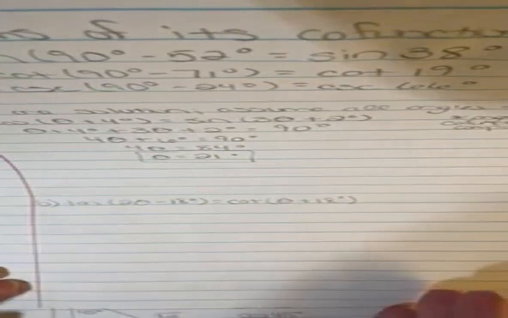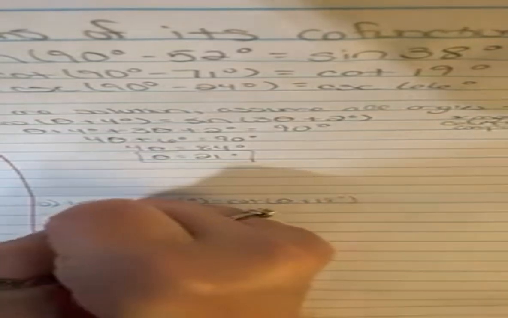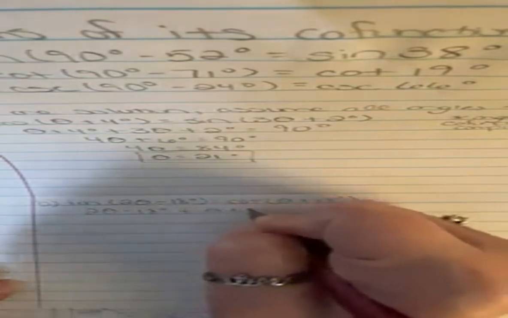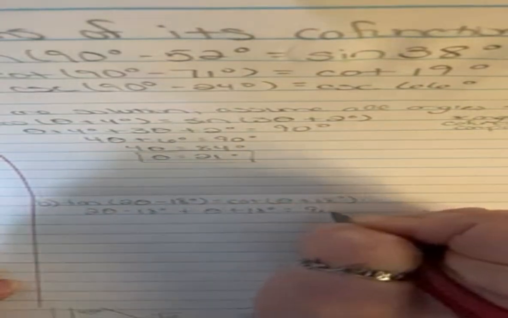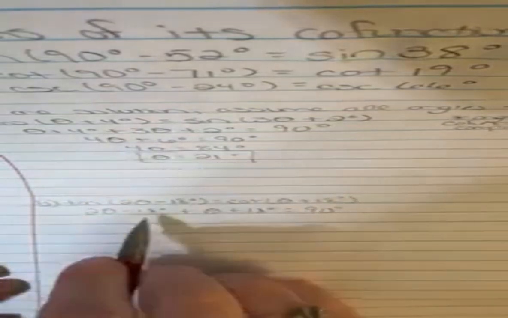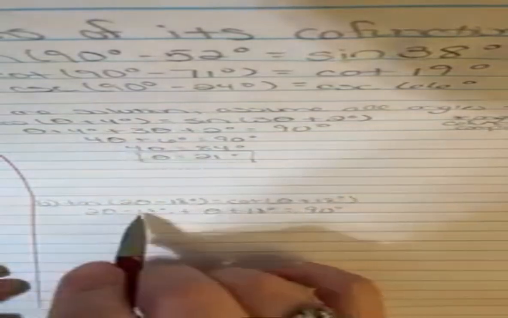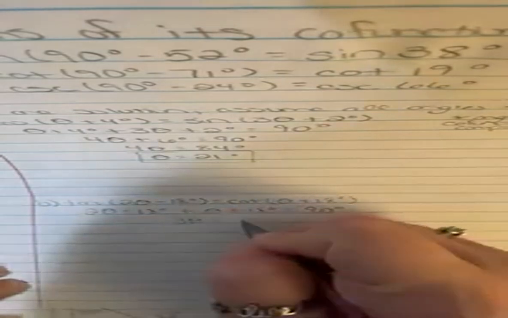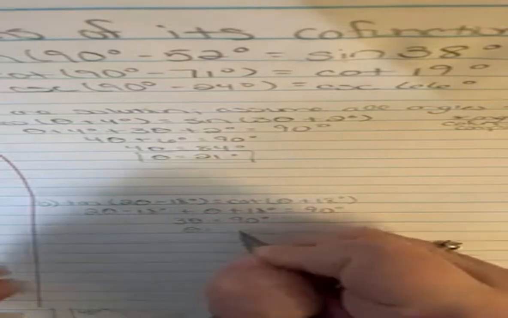Co-functions are complementary, so we can take 2 theta minus 18 degrees plus theta plus 18 degrees equals 90 degrees. Well, these degrees are going to cancel, leaving me with 3 theta equals 90 degrees. And so theta equals 30.